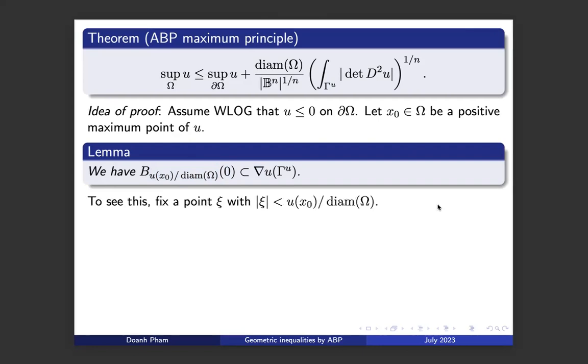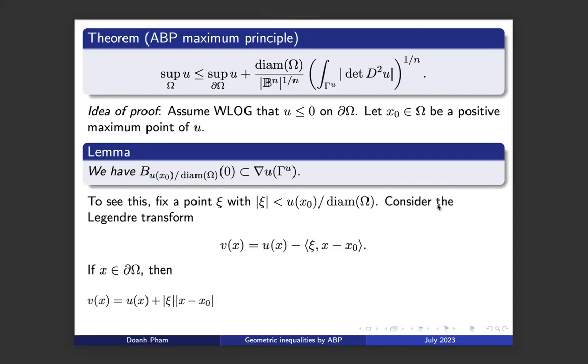Let's quickly look at the proof. It is a short proof, but it is important for later ideas. So we fix a point psi inside the ball, and then we consider the Legendre transform of U. So V, defined by this formula, is the Legendre transform of U, up to the term psi.